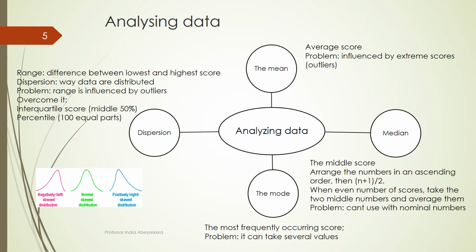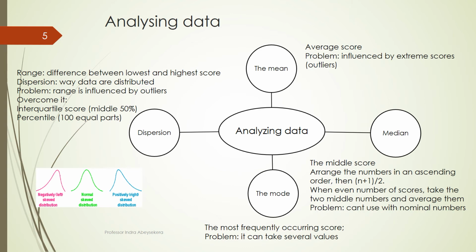Then the second parameter is called the median. Median is when we arrange the numbers from low to high values. It is the typical middle number that we take as the median. So if you have 11 numbers, 11 plus 1 divided by 2 equals 6, which is the typical middle number.